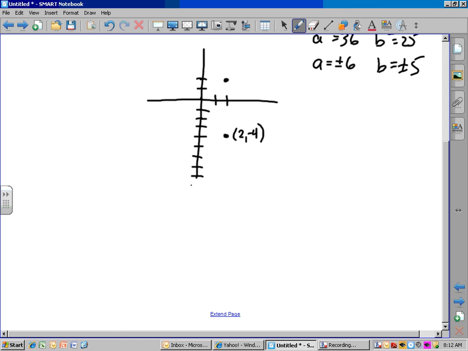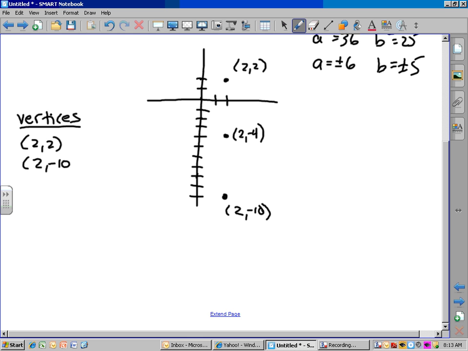So that's going to be 2, 2, and 2, negative 10. And those would be our what? Those are the vertices. 2, 2, 2, negative 10.